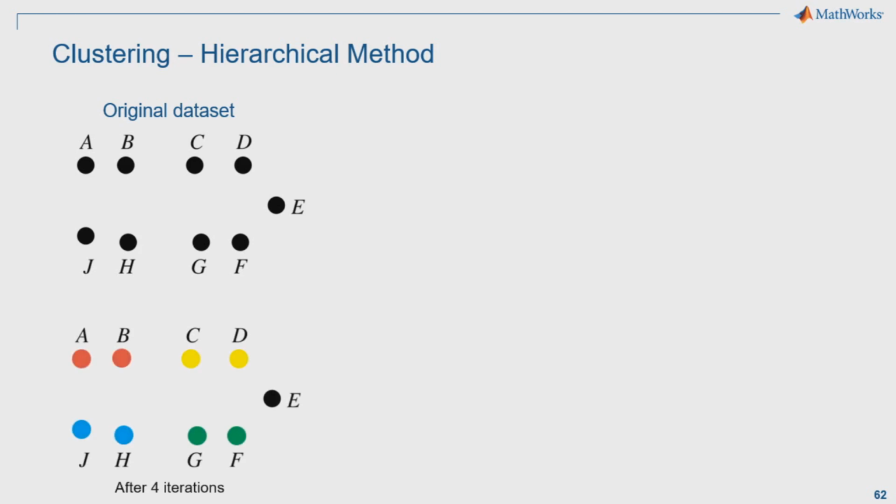So a hierarchical method works in an agglomerative, which is a bottom-up approach, or a divisive approach, which is a top-down approach. The main difference between the two approaches is that with an agglomerative approach, you start with each of your data points belonging to a unique single cluster. So at the first iteration, you would have, in this case, 9 different clusters.